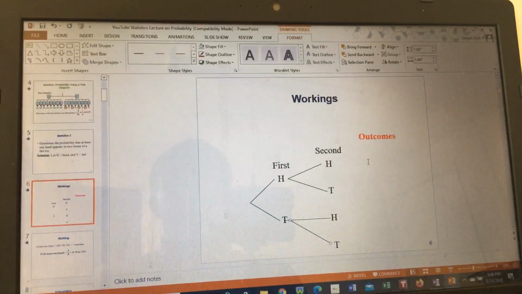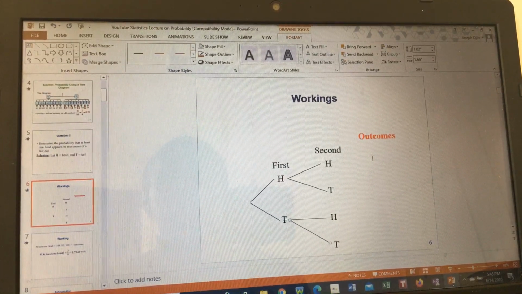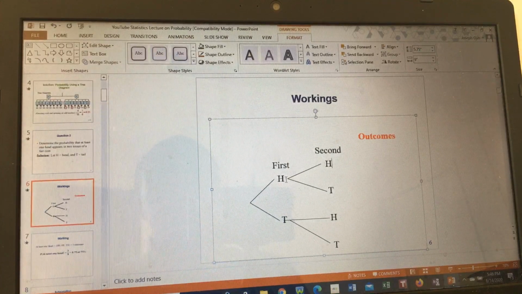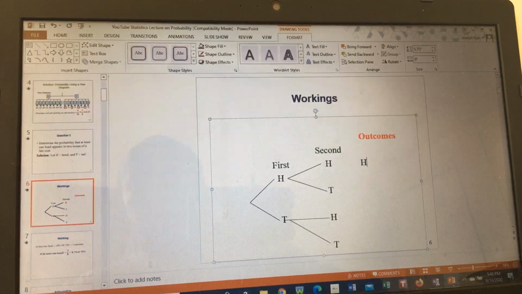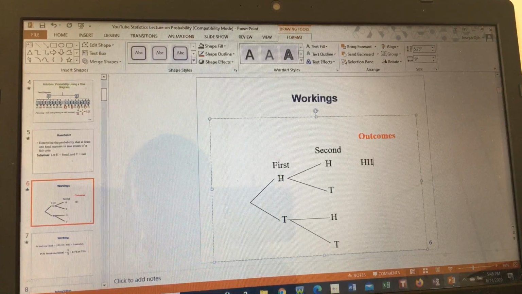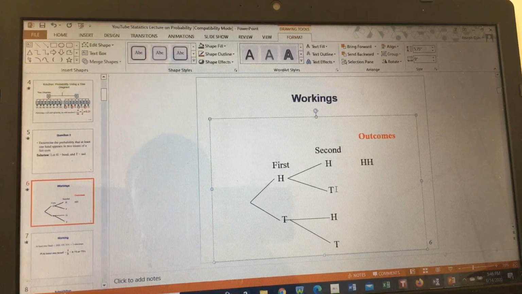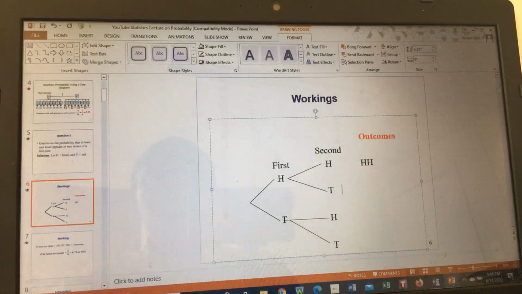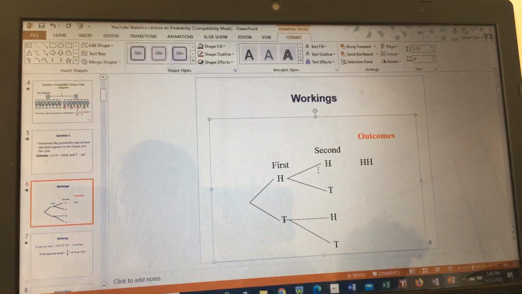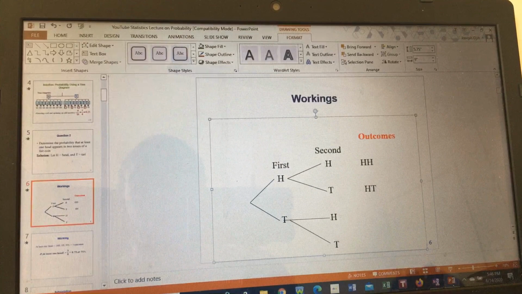So with this, we can get our possible outcomes. It can be head showing up on the first toss, head showing on the second toss. That gives us the outcome of two heads. Or head on the first toss, and on the second toss, tail might show up. That gives us the outcome head, tail.